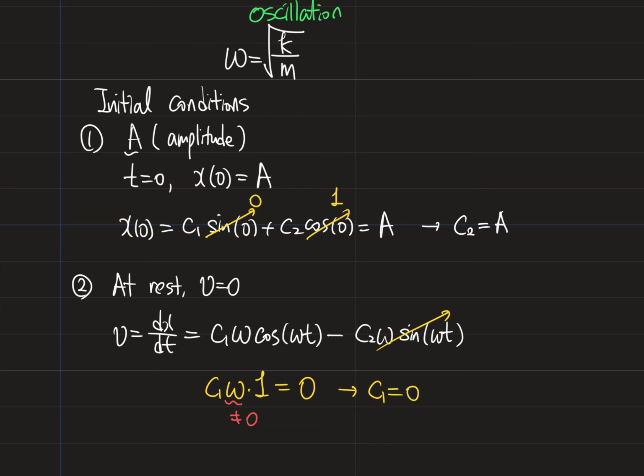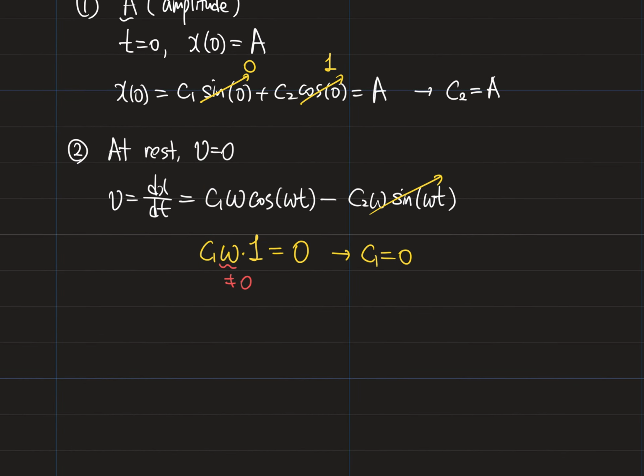So substituting these two constants back into the general solution gives us the specific equation of motion for our model system. So x of t equals A cosine omega t.